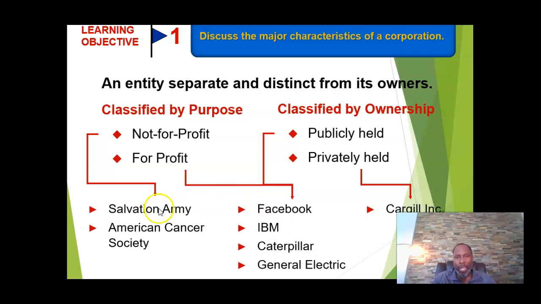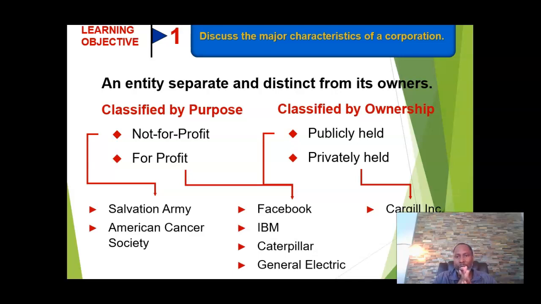Now, when you are a for-profit corporation, you can be a publicly held or a privately held corporation. If you are a publicly held corporation, such as Facebook or IBM, it means that anyone who has the financial resources can become part owner of your corporation by buying stock.